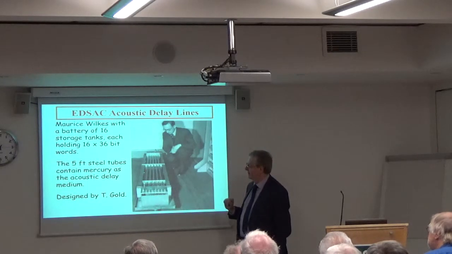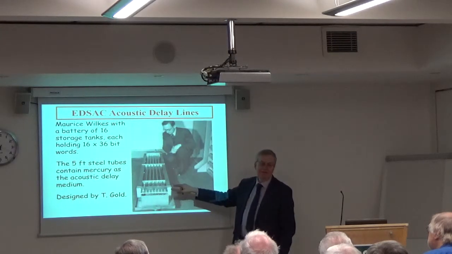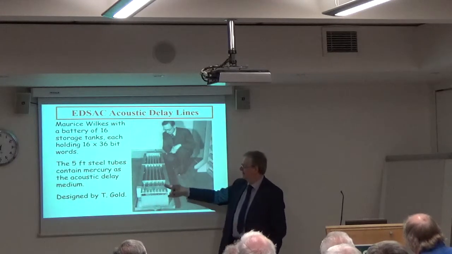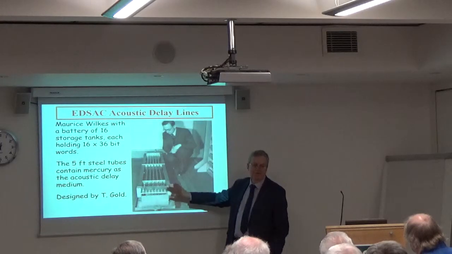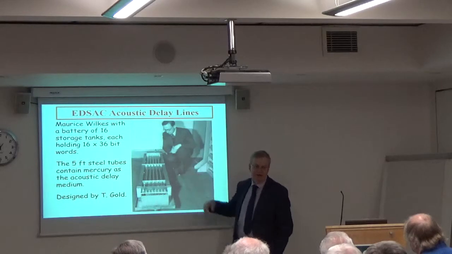The real gotcha is operationally, every couple of years they had to drain the system down, redistill the mercury and clean the tubes because of corrosion and interactions. The second gotcha is the precision of these tubes, and particularly the alignment of the end fittings and the crystals, has to be very, very precise. Otherwise you get echoes and other effects in the tube that destroy the transmission.